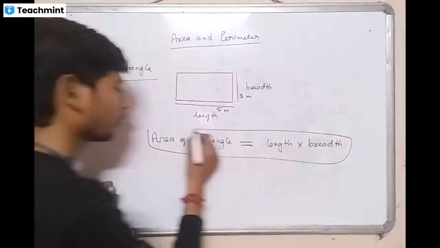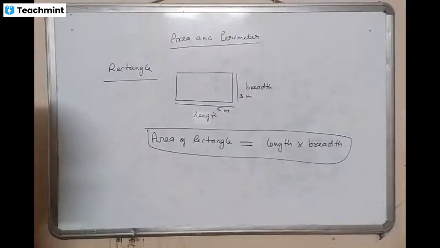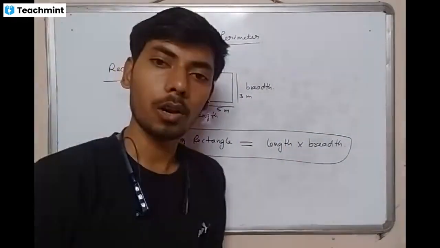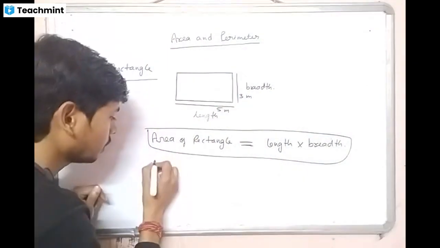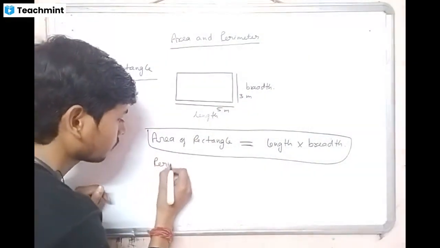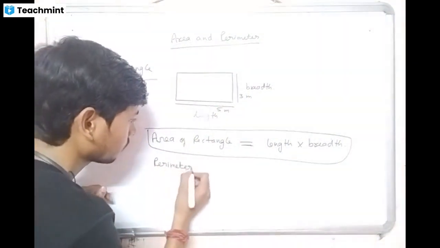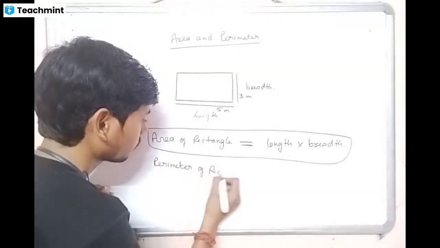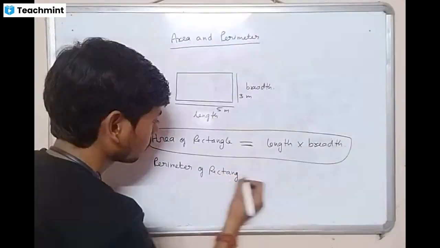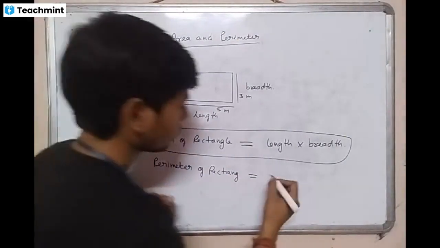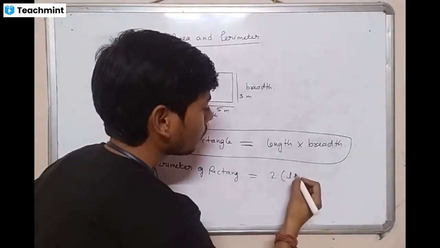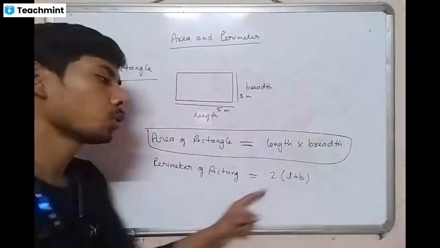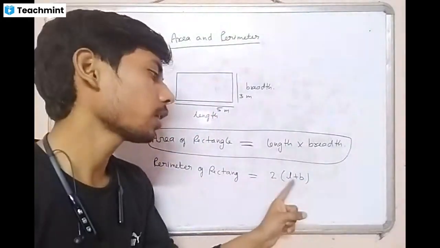You can note it down and learn this formula. Now let us discuss perimeter. The perimeter of a rectangle is 2 into (L plus B), where L is length and B is breadth.